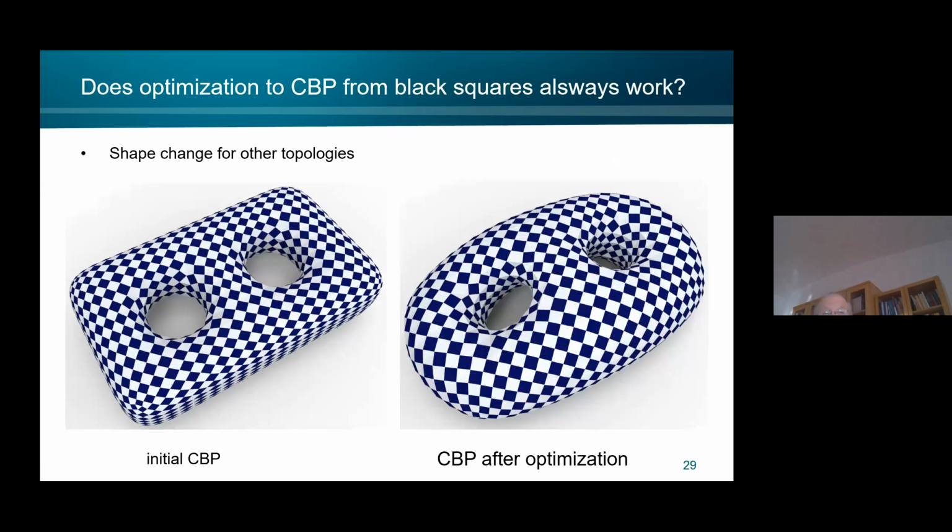This is no longer true if we take, for example, a double torus like here on the left-hand side. The quad mesh, the control mesh is not shown, but what is shown is the associated checkerboard pattern from parallelograms. And when we try to optimize for squares here, we will see a shape change, because for this topology we have not only one conformal class, but infinitely many.